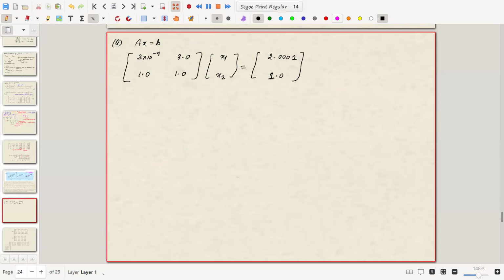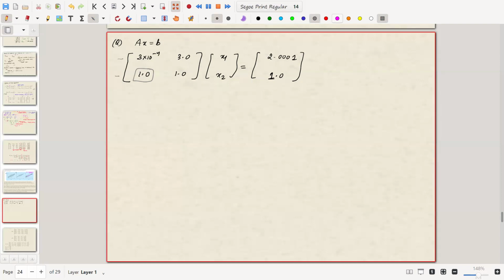Of course, you can easily do this because it's a 2 by 2 matrix. But what we learned in the last class, our aim is to make this element 0. How can we make this element 0? We can make use of a combination of this equation and this equation.